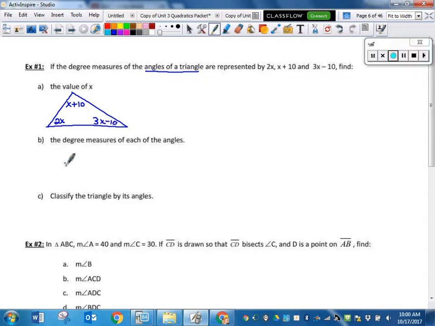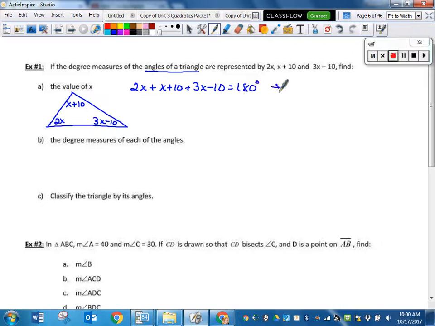Okay, so then what do we know? What did we just say? Well, I know that all three interior angles in any triangle always add up to equal 180 degrees. Okay, so 2x plus x plus 10 plus 3x minus 10 has to equal 180.